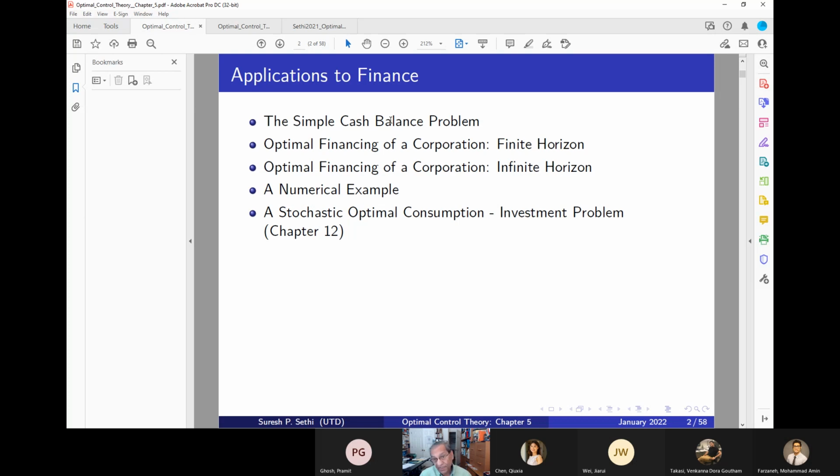So at one time, that was the case. The second problem is a problem of financing of a corporation. That was a thesis at UCLA by a person named Lee. And they published a paper which was basically wrong. When I looked at that paper in another context, I realized that they made a big boo-boo in there.